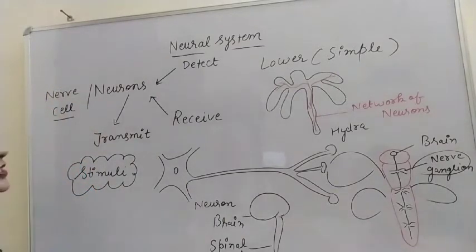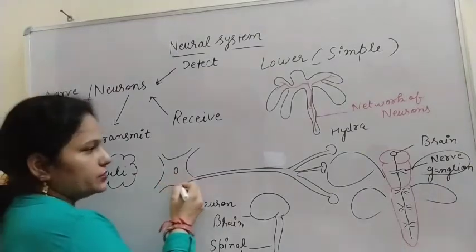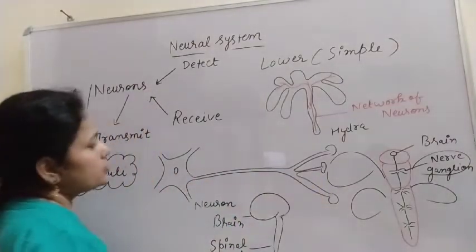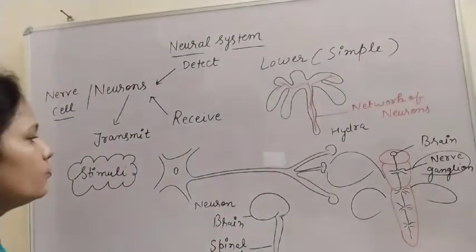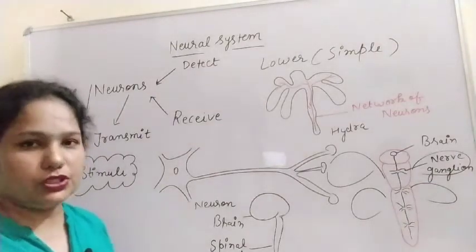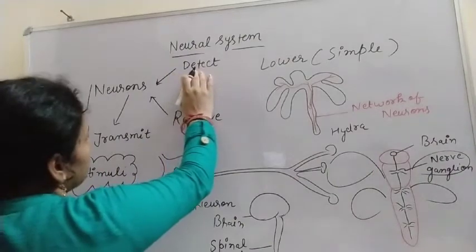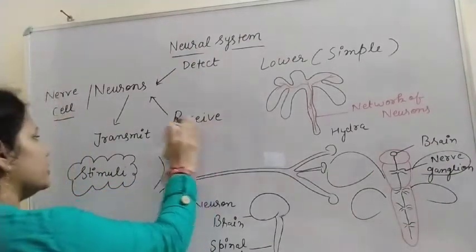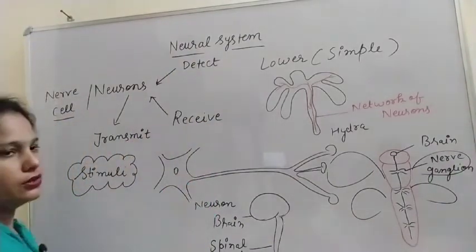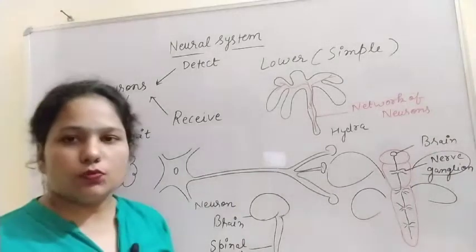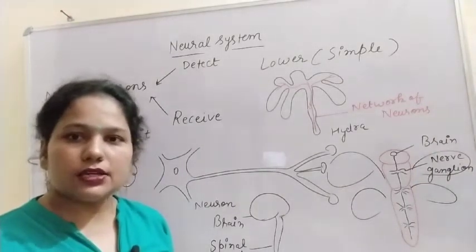And the nerve cells are the longest cells present in our body because their length is very long, almost 1 meter. So the neurons can detect, receive, or transmit the signal from the stimuli. So what is a stimulus?